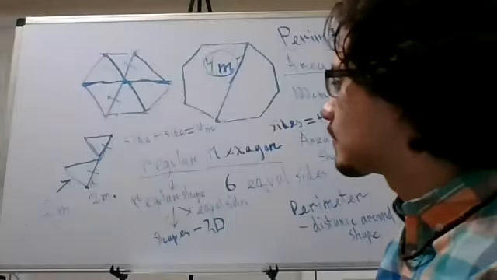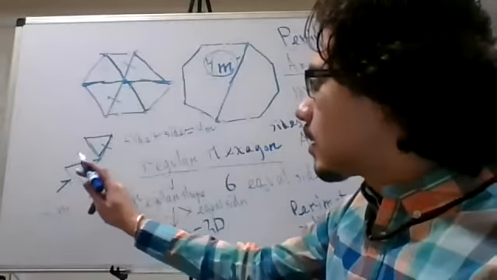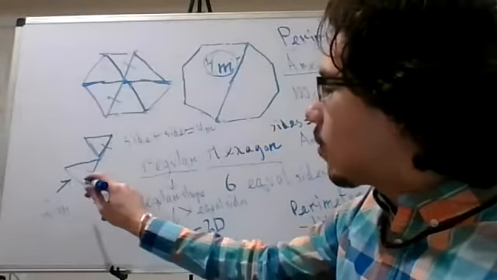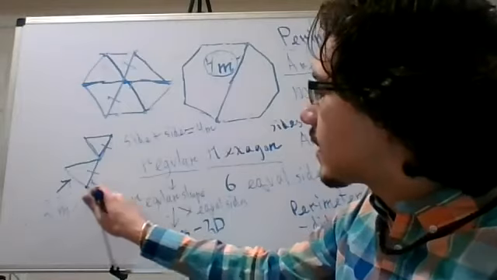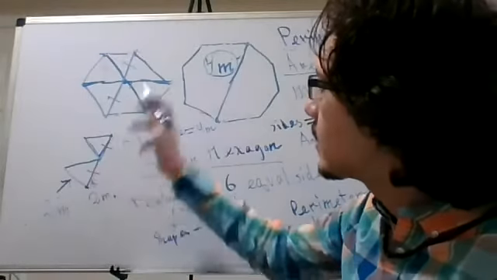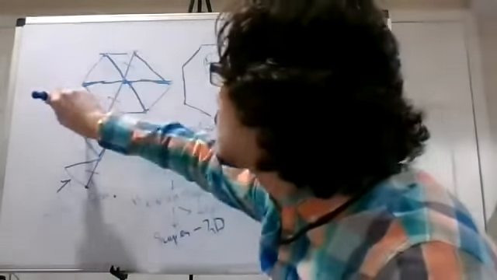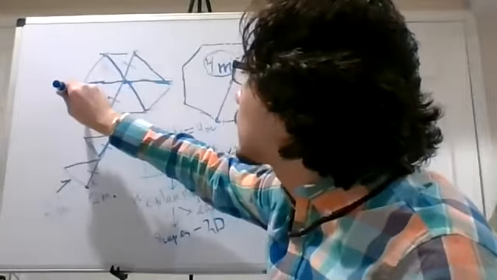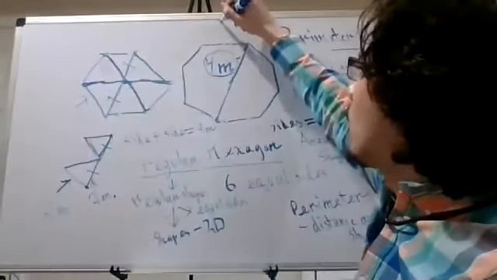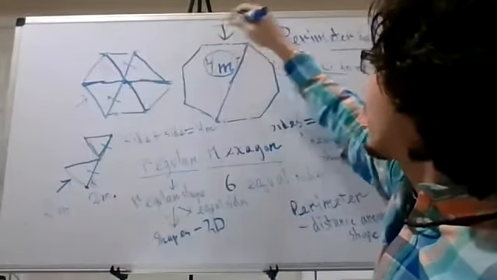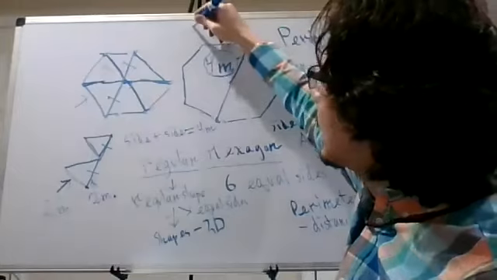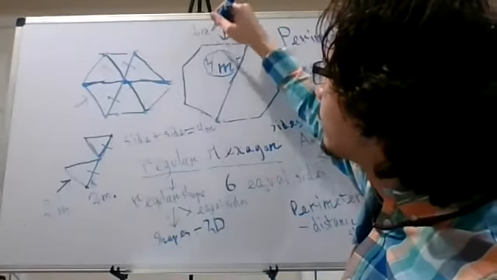Okay. So we know that this side is 2 meters because we figured out that the side of any of these triangles is 2 meters. So now we know the length of one of the outside sides of the hexagon. It is 2 meters.